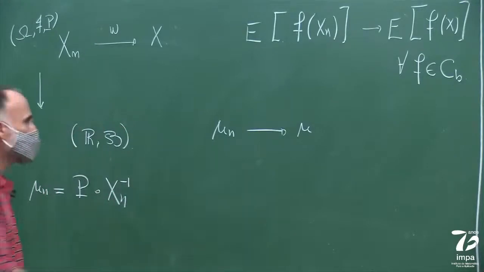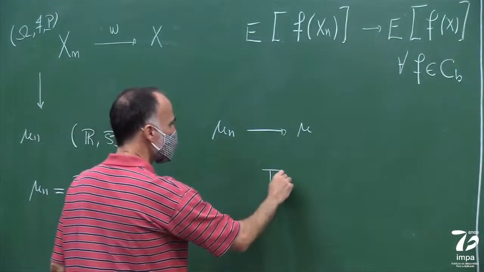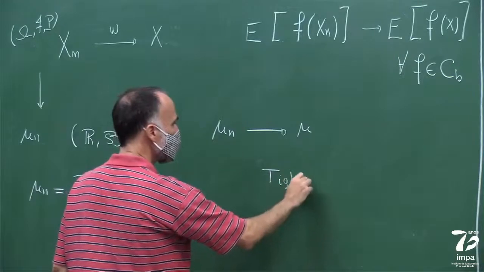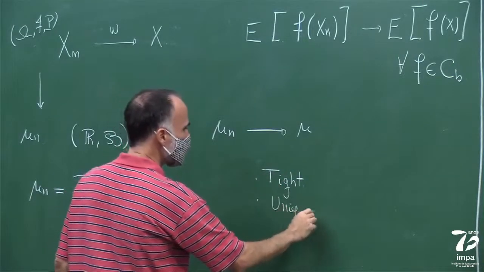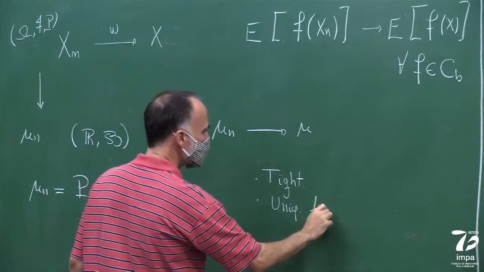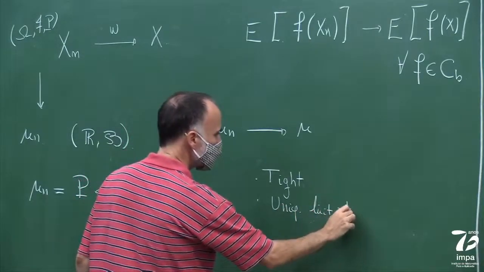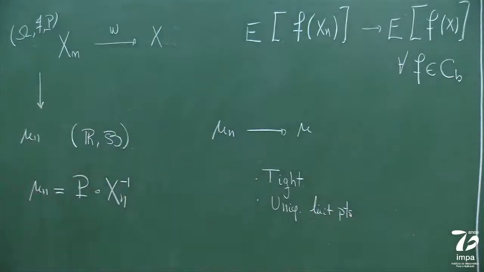So we proceed in two steps. Prove tightness first, and then prove uniqueness of limit points. And this is in the context of random variables.